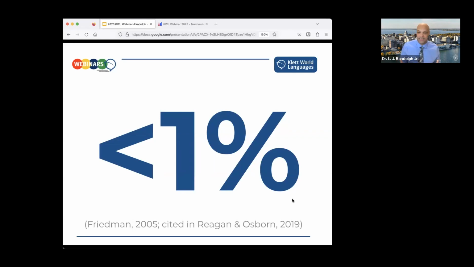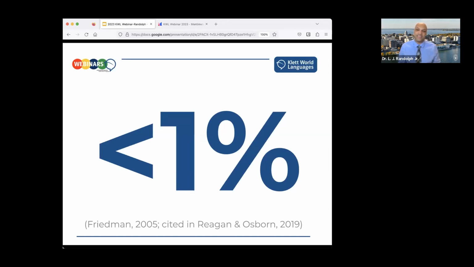According to Friedman's study, just cited by Reagan and Osborne recently, although about 18% of the US population at the time of the study reported speaking another language, compared to roughly 30% of Canadians and over 50% of Europeans, less than 1% of American adults were proficient in a language that they started studying in a US classroom, with the exception of English.